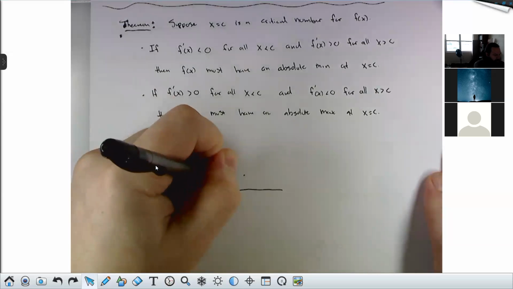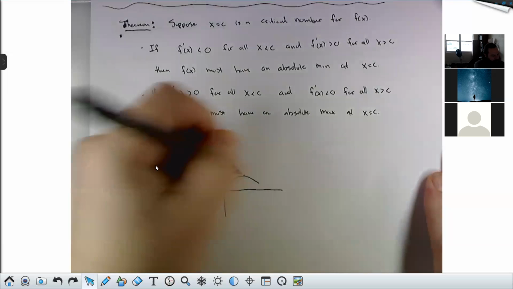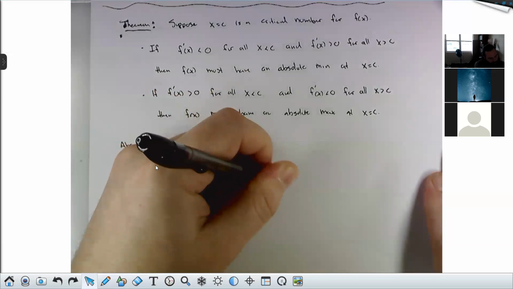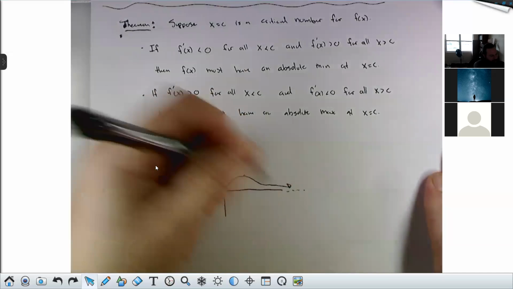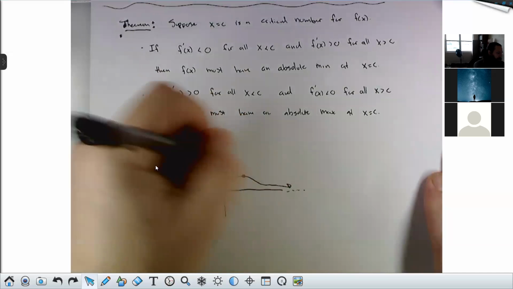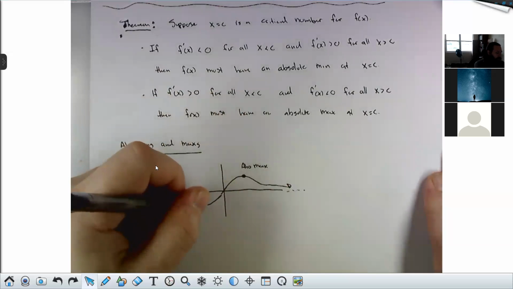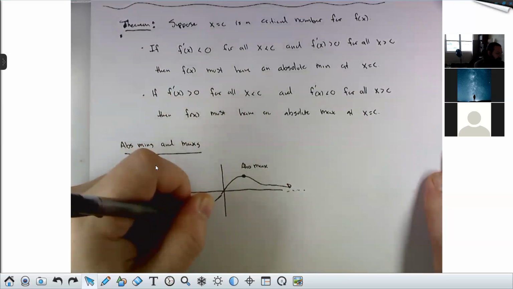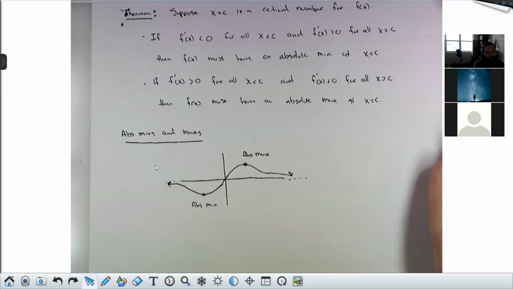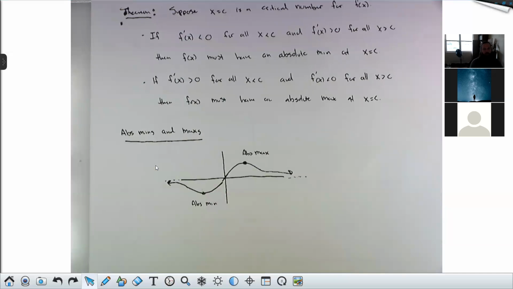The function I'm drawing here has an absolute max and an absolute min, even though it doesn't have a restricted domain, right? This would be the absolute max. And this would be the absolute min. So even if you don't have a restricted domain, it's possible to have both. And you just kind of have to be careful. Thinking about the graph is the ideal way to do this.